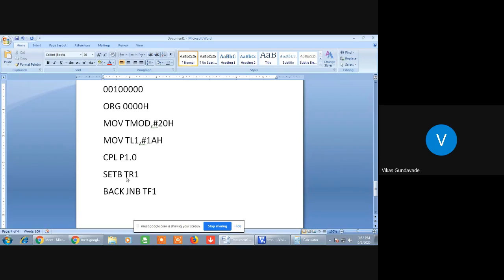TF1 bit. Okay, so here we need to check the TF1 bit because for timer 1 we have the TF1 bit. After that, here simply we will clear TF1.